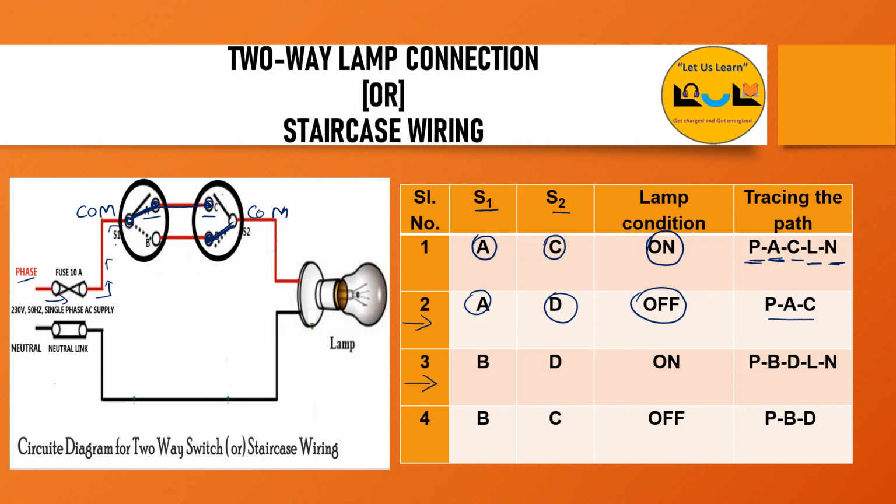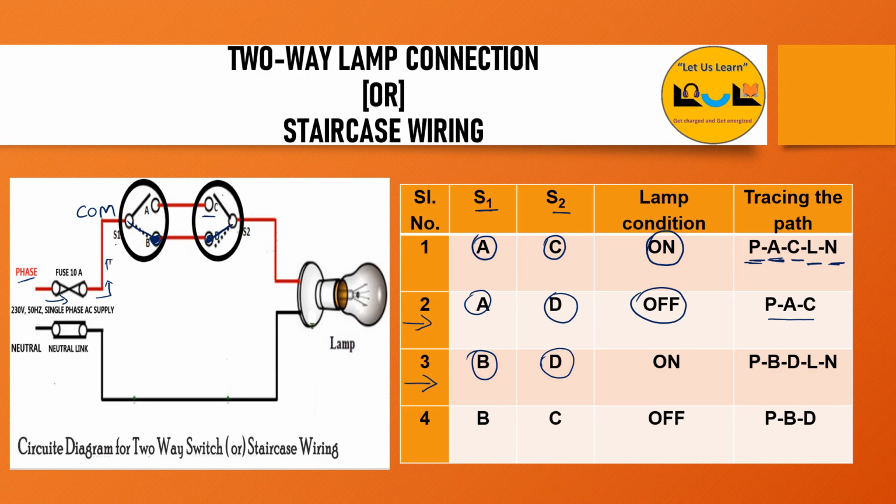Now case 3: switch S1 is connected to terminal B, and S2 is connected to terminal D. This is terminal B, from here it is connected to B, and this is terminal D. From D it is connected here.